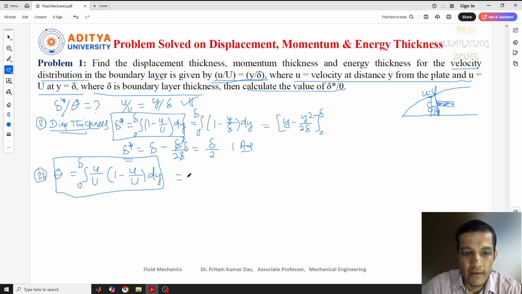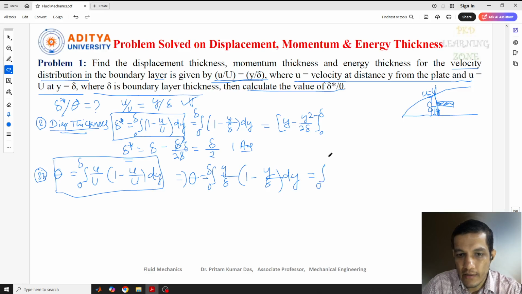After substituting, theta equals the integral from 0 to delta of y by delta times (1 minus y by delta) dy. Multiplying inside, we get the integral from 0 to delta of (y by delta minus y square by delta square) dy.